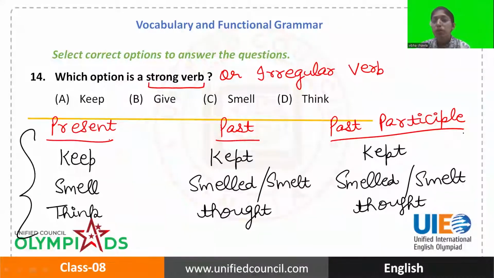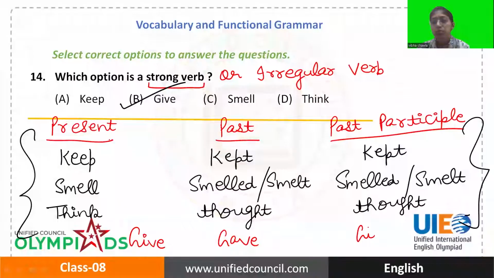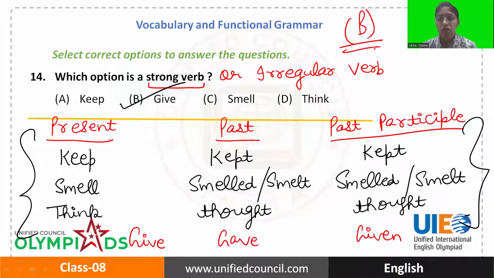Regular verbs or weak verbs means the past and past participle forms are formed by adding ed or d at the end, right? But the irregular verb here, or the strong verb here, is give, because it's give, gave, given. That is a strong verb, sorry, an irregular verb. Option B, give, gave, given. It doesn't follow any fixed pattern, right? Option B.